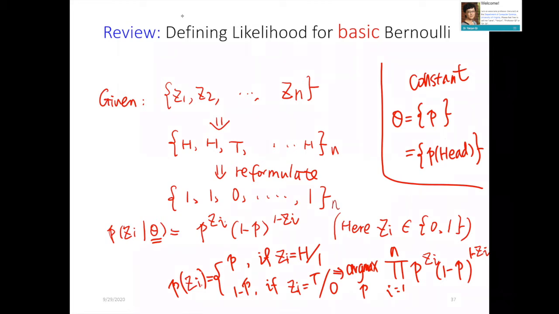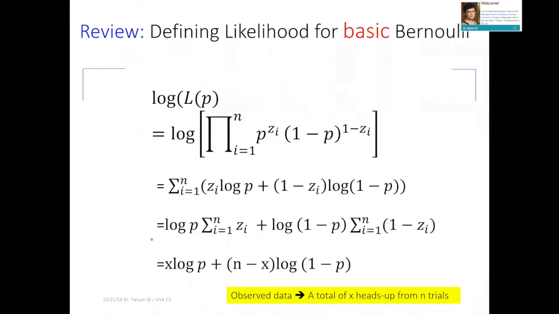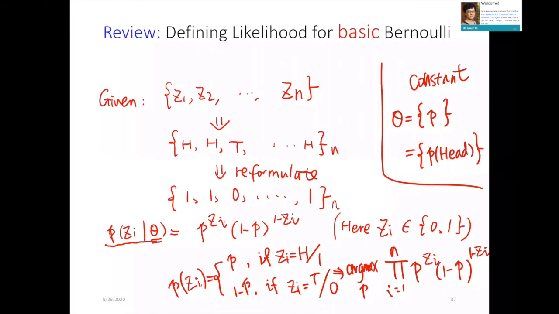Like we emphasized in the basic MLE, the most important thing to get the joint probability formulation is to have each P of zi conditional on theta. So how do you write it? I hope you still remember how to write the probability for a Bernoulli distribution. This is my p hat. If it's a head observation, the probability should be p.